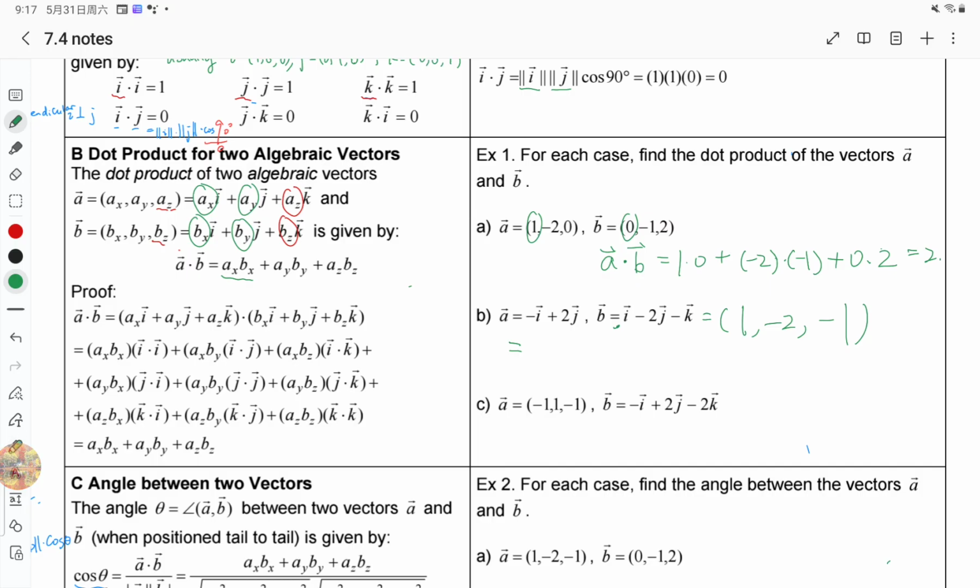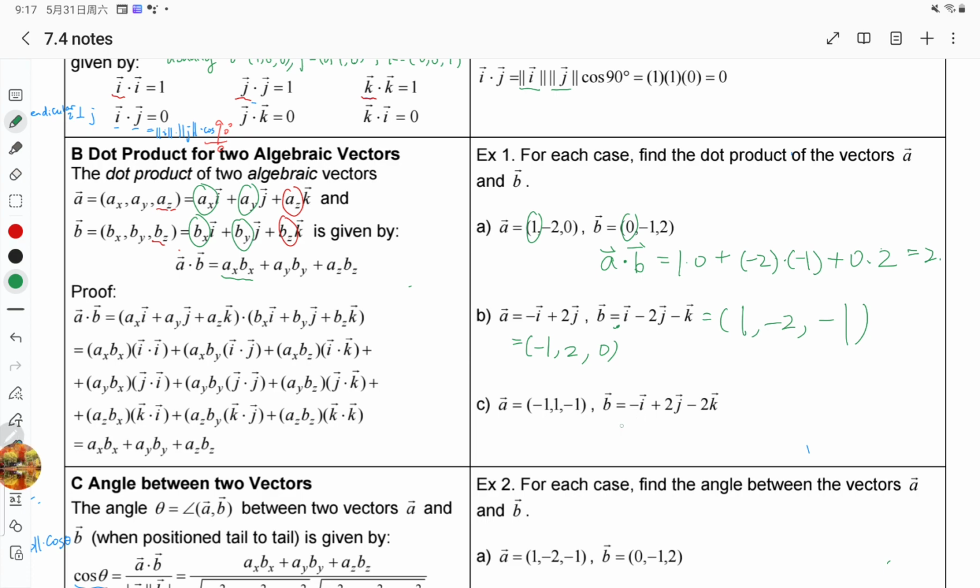And then for A, in front of I the scalar is -1, in front of J the scalar is 2, and there's nothing in front of K, so it's 0, right? And then you also multiply it just like what we plugged into the inner product formula before.